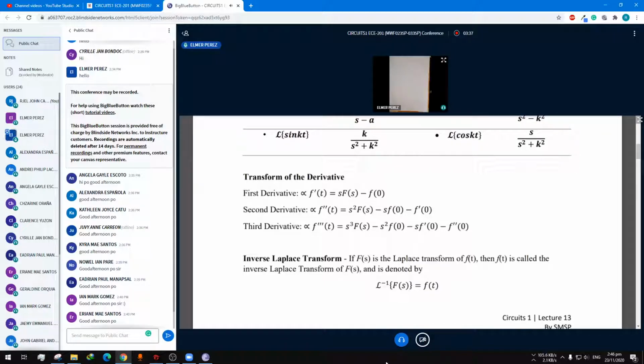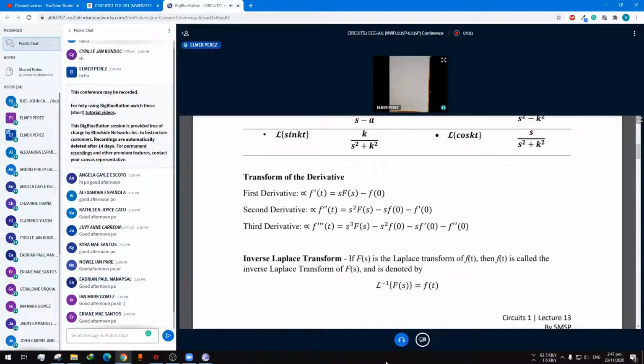Kung titingnan ninyo yung second derivative, it will start with s squared and then the function, minus s. So yung s squared magiging s. Tapos magiging na lang siyang f of 0, minus yung derivative ng function.